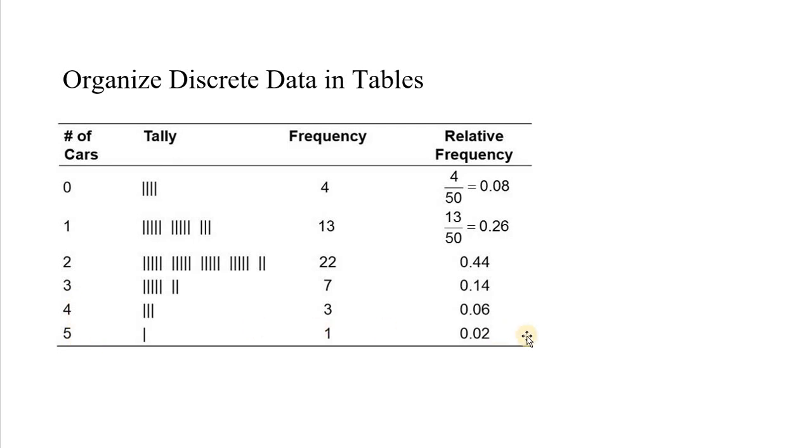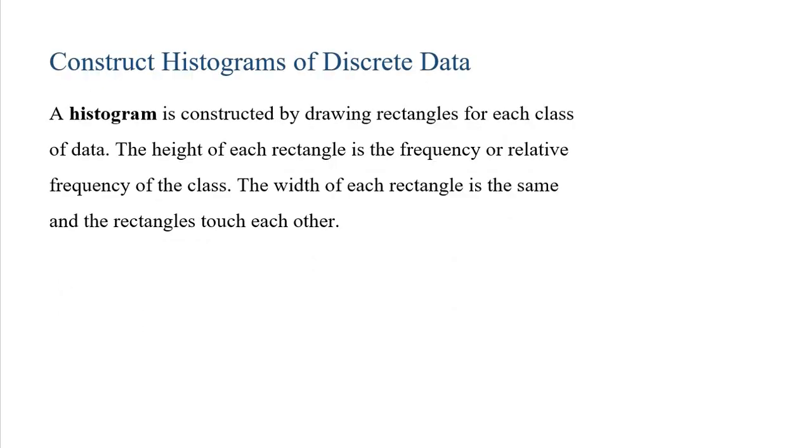This is basically organizing discrete data in a table. That is a frequency table, and if you include the relative frequency, it's going to be a relative frequency table as well. After we construct the frequency tables for discrete data, we can create the histogram for the data.